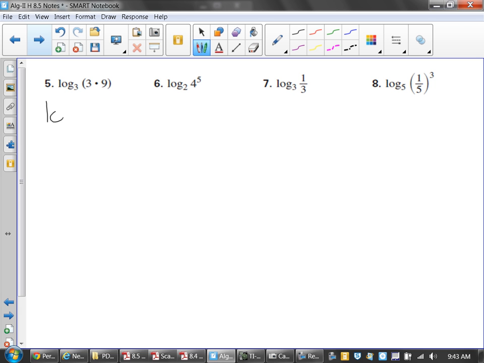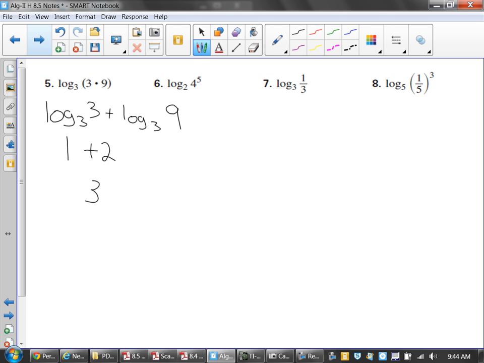So if I write it out as log base 3 of 3 plus log base 3 of 9, what's log base 3 of 3? 1. Log base 3 of 9? 2. What's 1 plus 2? 3.